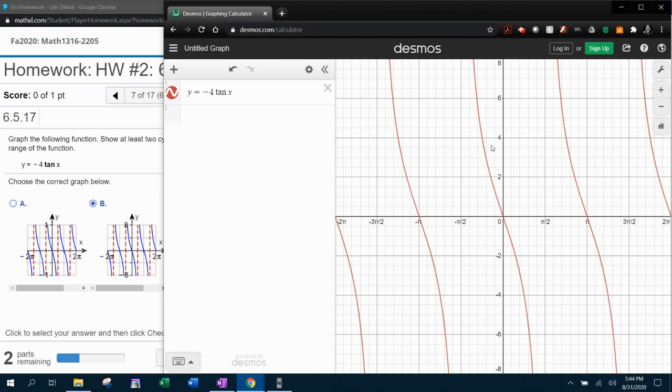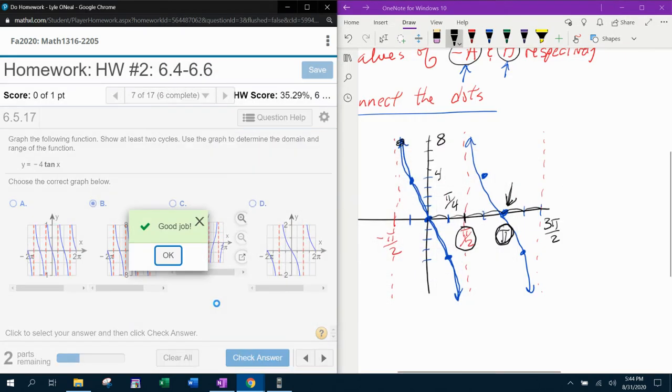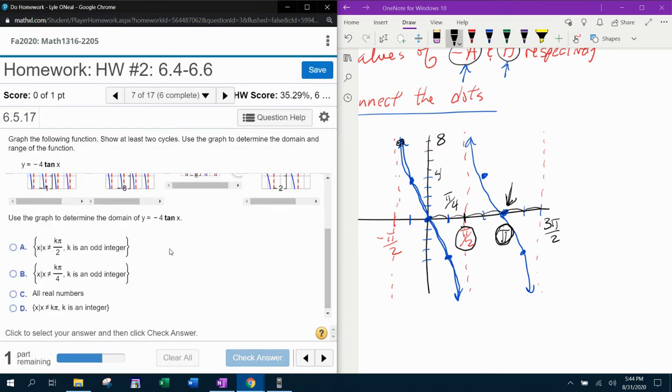And that looks exactly like what I'm seeing in Desmos. So I feel really good about answer choice B now that I've looked at it in Desmos. Bam! There you go. Now, it says good job. Oh, it's also going to want more information.